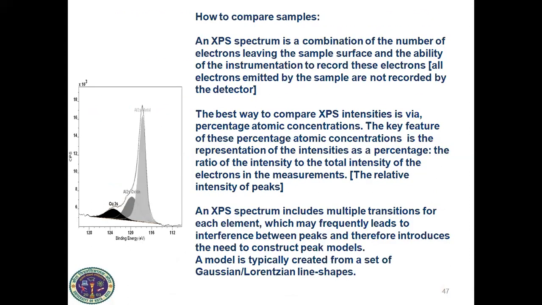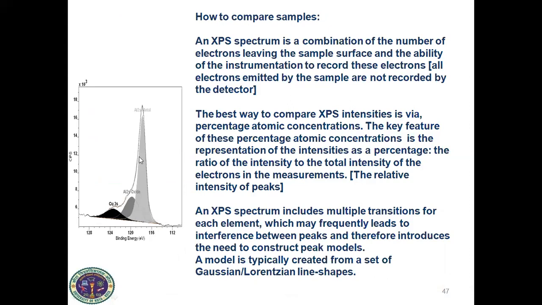So how are we going to compare samples? In this figure, you can see that an aluminum 2s metal peak is there, an aluminum 2s oxide peak is there, and a copper 3s peak is there.